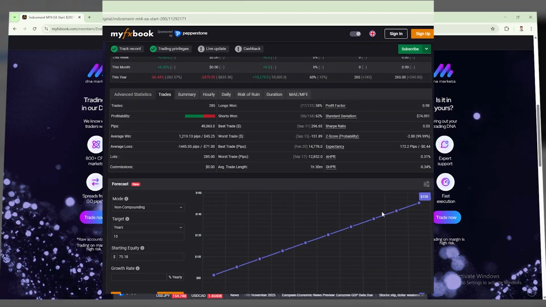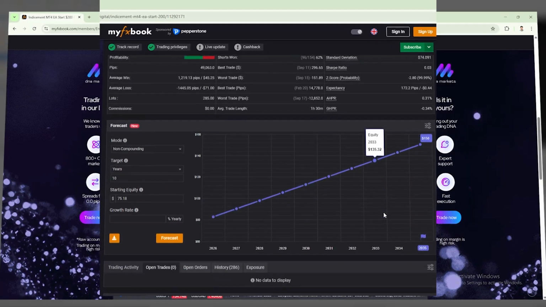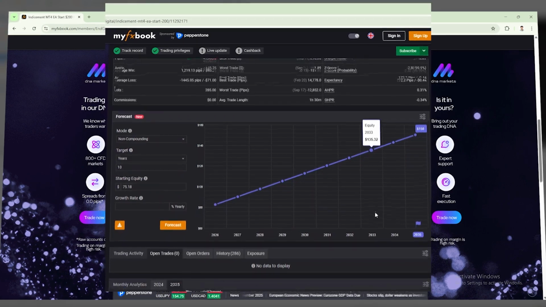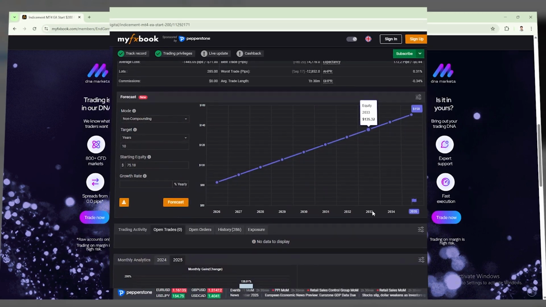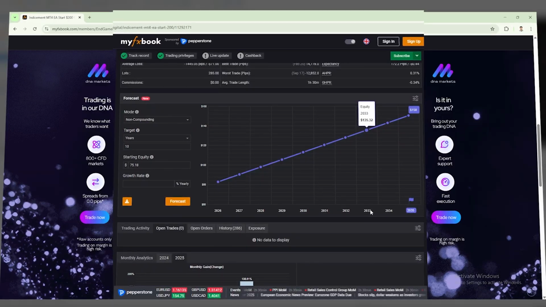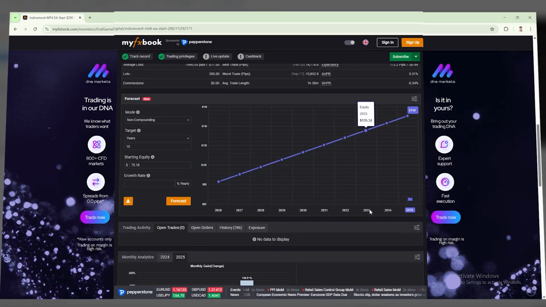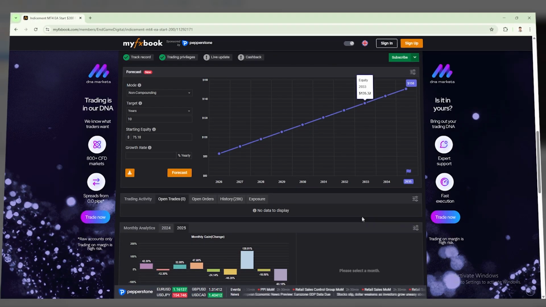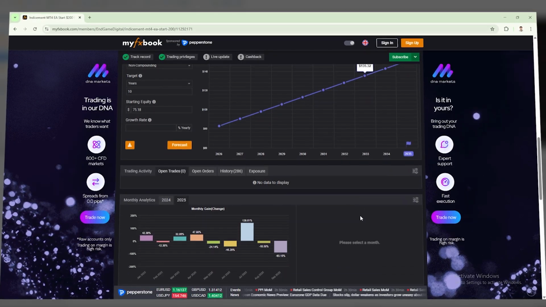Scroll down a bit more on that Myfxbook, and you hit the Forecast tab. Even in non-compounding mode, it's projecting that starting equity to grow steadily to $1,031.32 over the years, with a 5% yearly rate. Super conservative, but exciting. Because it matches what I saw in my test, now dive into the advanced stats here.